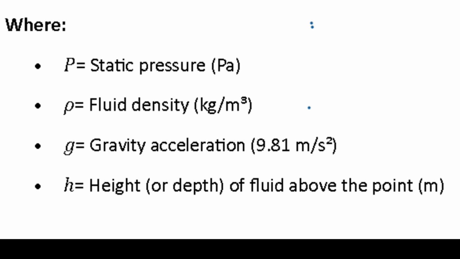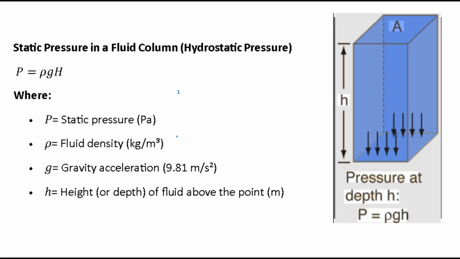Rho equals fluid density in kilograms per meter cubed. g equals gravity acceleration equals 9.81 meters per second squared. h equals height or depth of fluid in meters. For water, density is usually ρ equals 1,000 kilograms per meter cubed.